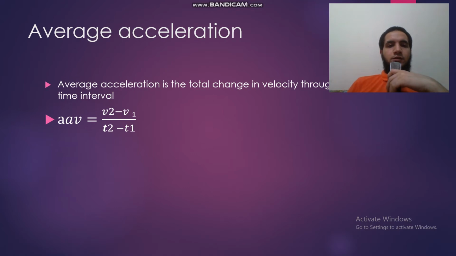So the average acceleration is the total change in velocity through a certain time interval. So we say in this time, what was the total difference between the ending velocity and the starting velocity, and this is going to be the average acceleration, just as we did with average velocity.